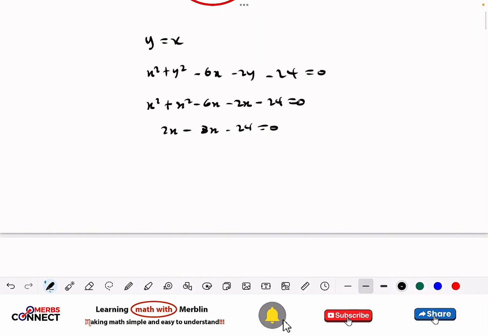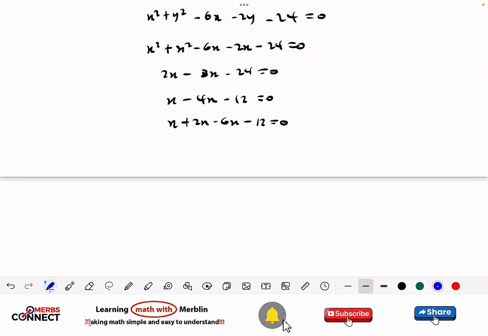Divide through by 2 and we are going to have x squared minus 4x minus 12 is equal to 0. We can use a calculator to get the factors from here, but this one, I'll just factor them. So x squared plus 2x minus 6x minus 12 is equal to 0. With the one in blue, when I factor x out, it will be left with this. And with the one in red, when I factor minus 6 out, I'm going to have this here.